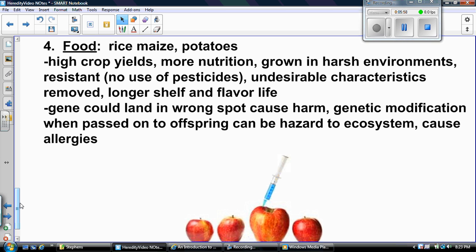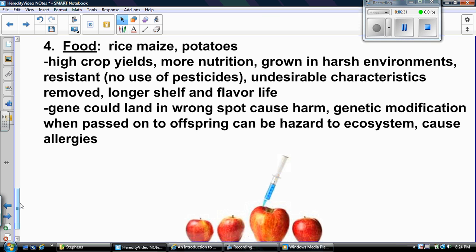Problem with this is if they insert genes like I showed you with the recombinant DNA, sometimes the gene can land in the wrong spot. So sometimes it doesn't go to the right chromosome. And this can cause harm to the organism or the living thing. And another negative part to this is that genetic modification, when passed on to offspring, can sometimes harm the ecosystem. So remember, an ecosystem is a delicate balance between a food chain and a food web.